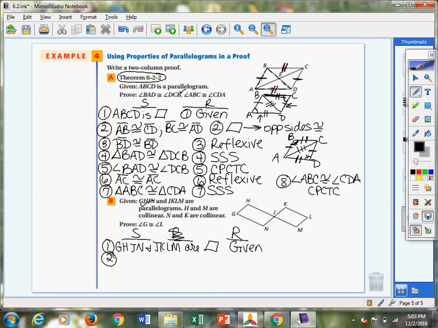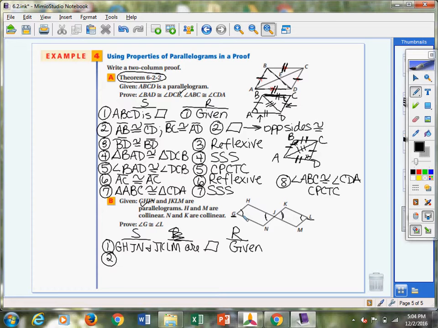And we know that opposite angles in a parallelogram are going to be congruent to each other. That was the second one we learned. So we really don't need to worry about H or N or K and M. Focus on the G, this middle angle that's here, and then L. Those are the four angles we're really worried about.